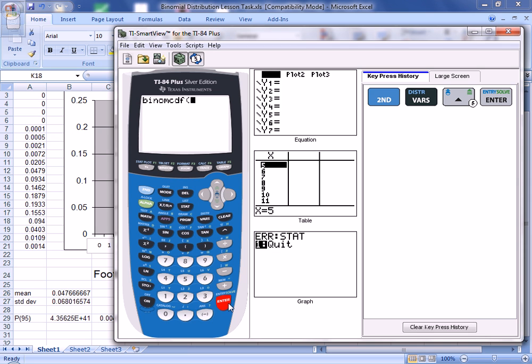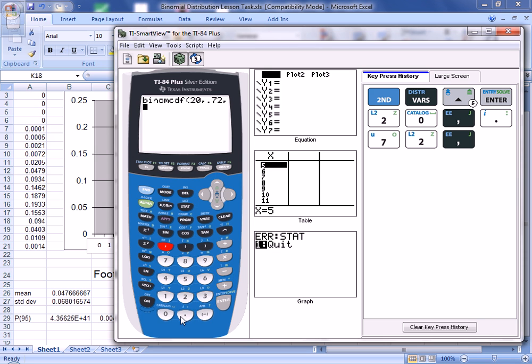You've been certified 5 times. Okay, so cumulative is going to add up to the number we tell it to. So on this one, we would want the cumulative, and we have 20 kids. We have 20 kids. Our chance of success is 0.72, and we want to add up all the way to 12. Boom!